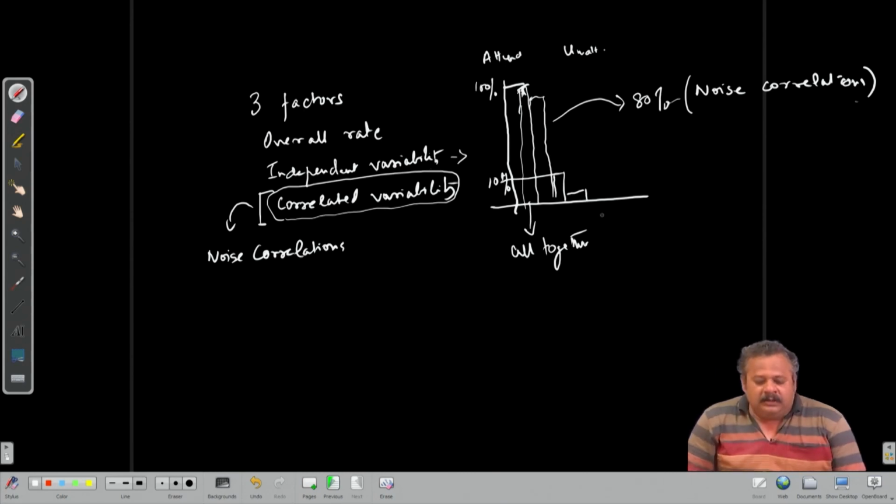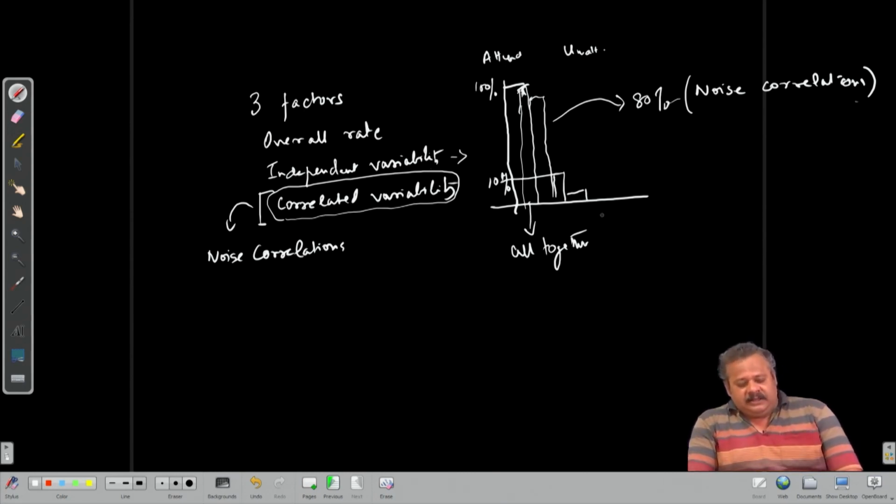So, this tells us that during attention, or during this kind of modulation or plasticity, if you will, rate responses of single neurons are not sufficient. It is the entire group of neurons, how they are performing or responding together to those stimuli, that becomes way more important, at least in the case of attention.